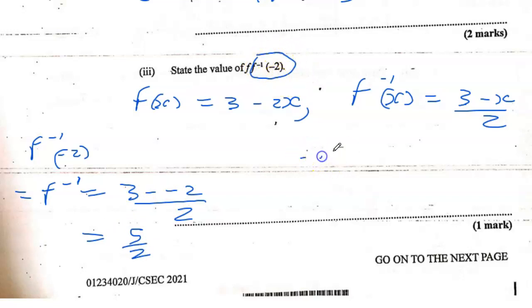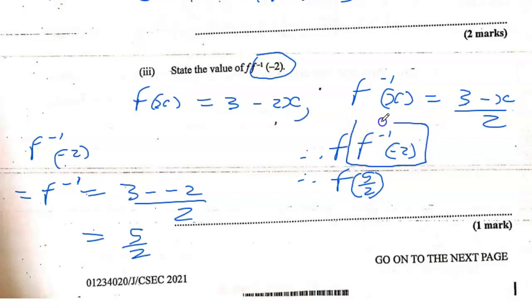Which means that f of f inverse of minus 2 is equal to f of 5 over 2, or 2.5 if you prefer. Remember we just calculated this to be 5 over 2, so we can replace it with 5 over 2. So now we are finding f of 5 over 2. That means we replace x with 5 over 2 in the original function f of x.